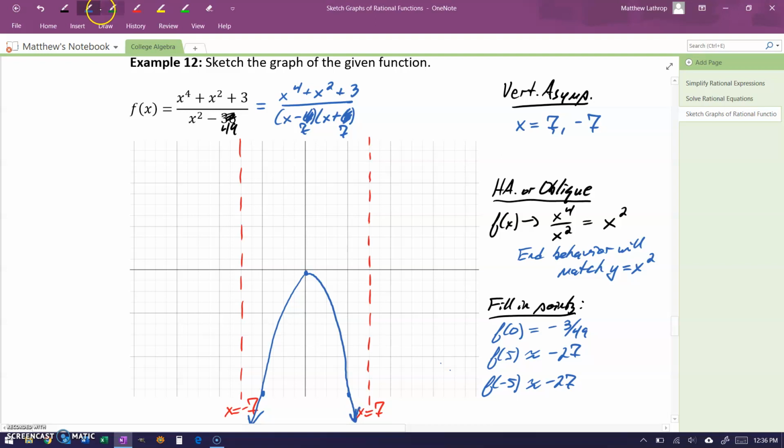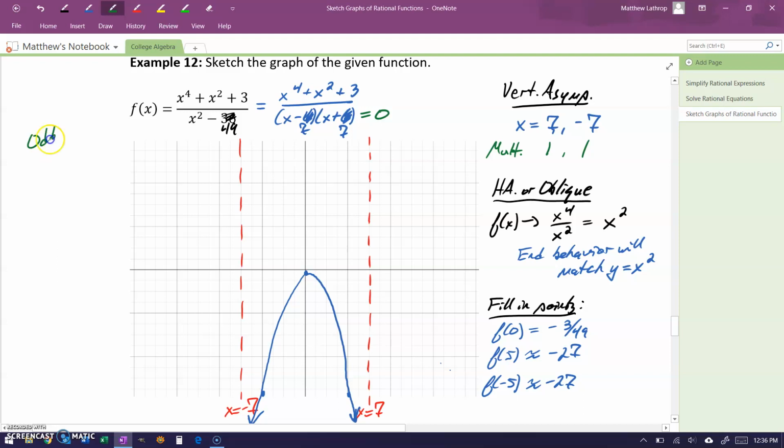From there, what we can do is go back to our vertical asymptotes that we found and identify the multiplicities for those zeros. In this case, we had x minus 7 and x plus 7 both set equal to 0 and both raised to the first power, so those would have multiplicities of 1 and 1.